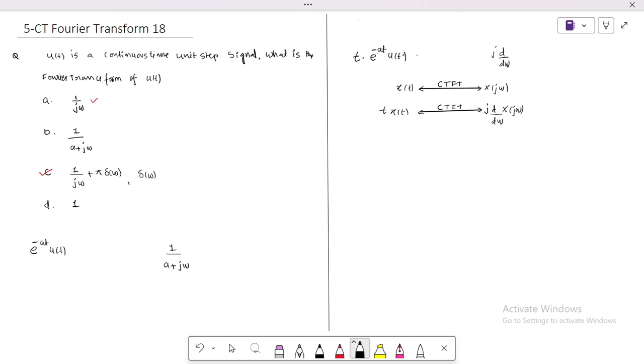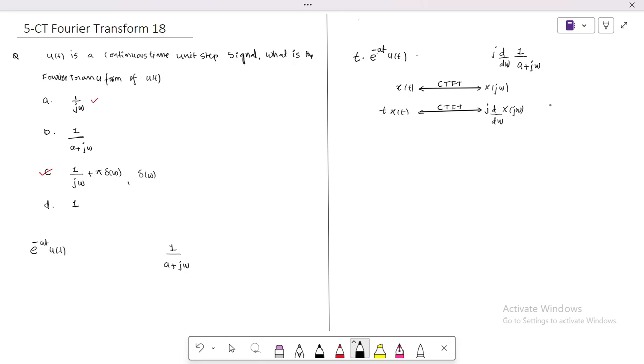So what is the x of j omega? Here the x of t is e power minus a t u of t, so x of j omega is 1 by a plus j omega. So what is the answer?